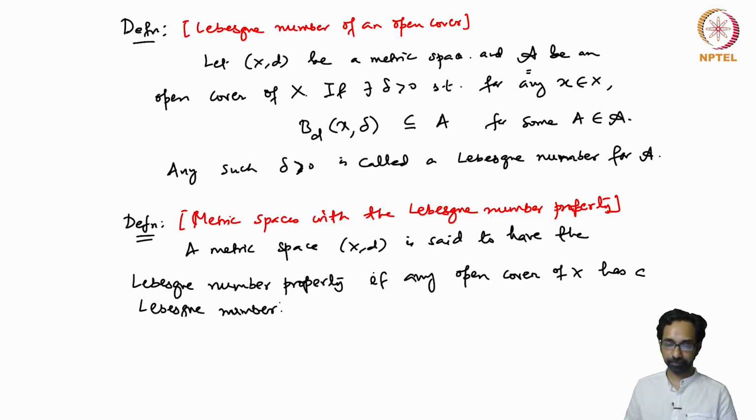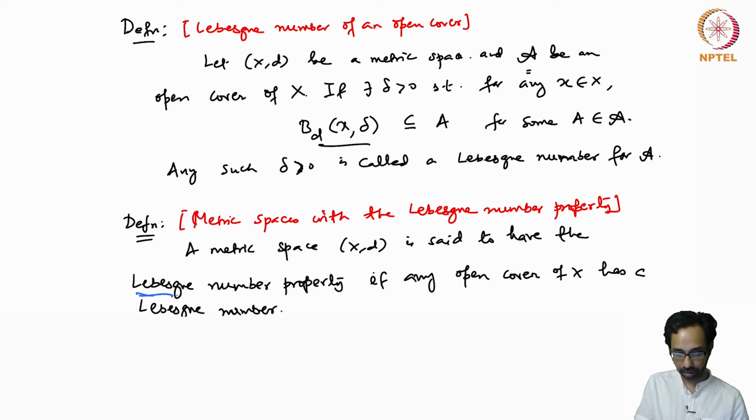So if you choose any open cover of X, then there exists a delta such that the metric ball of radius delta for any chosen point within X is entirely contained in at least one of the open sets in the open cover. So in this case, this metric space is said to have the Lebesgue number property.